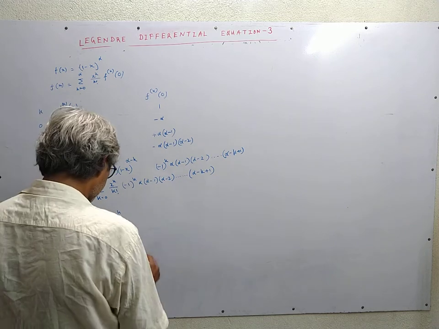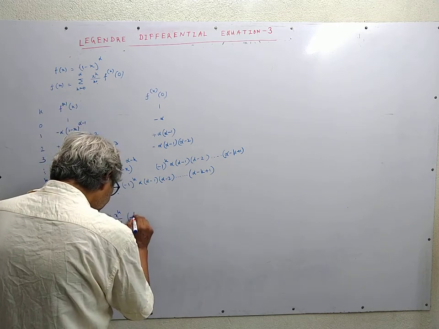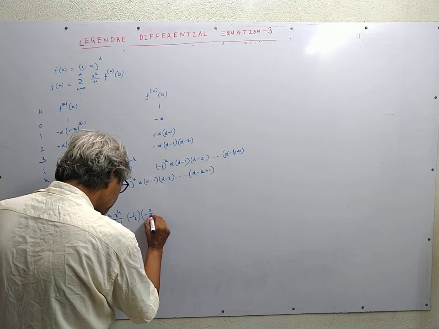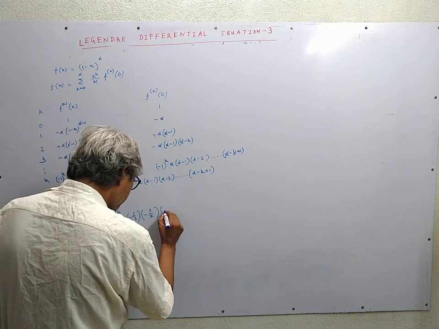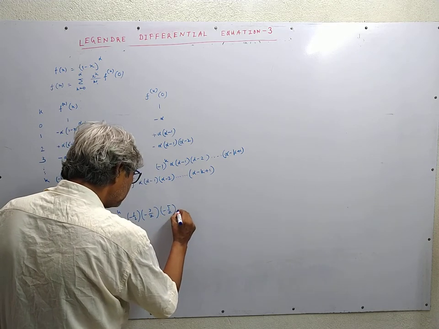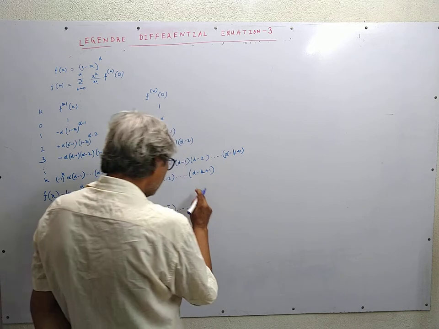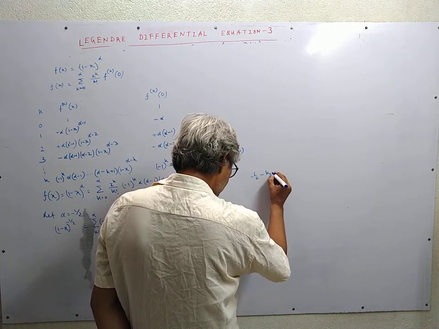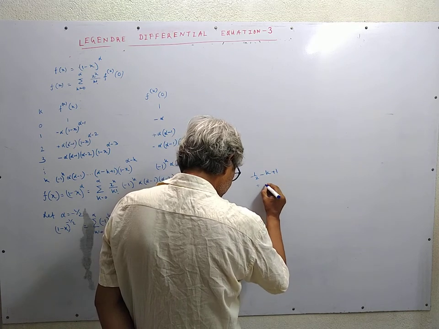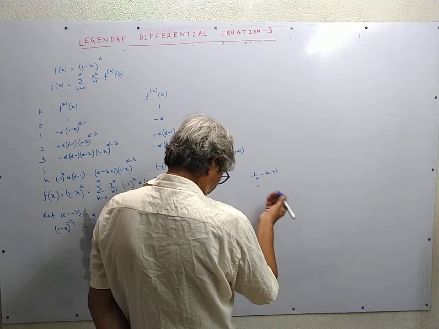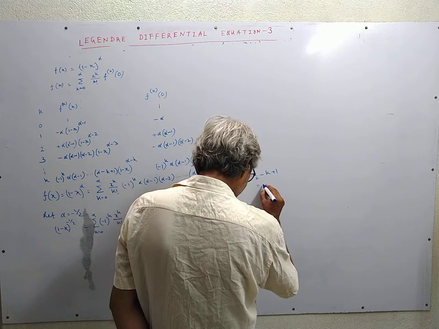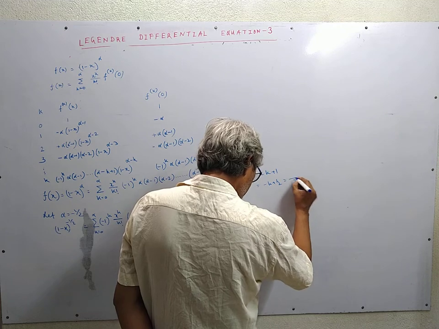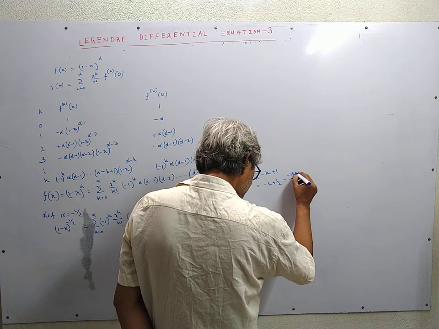Now coming to this part, minus of, then this is minus 3 by 2, this term is minus 5 by 2, and this term is minus half minus k plus 1. So this can be written as minus k plus half. Taking half common, this is minus 2k plus 1.